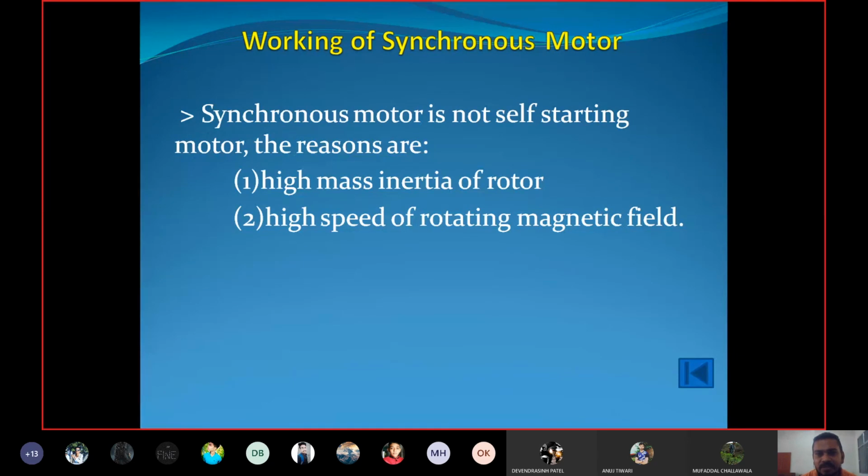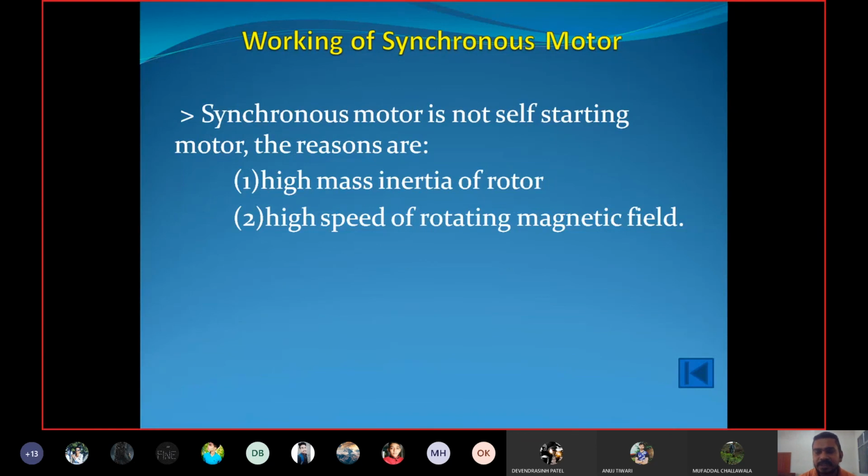And if we give some torque to the rotor in the direction of the rotating magnetic field, then magnetic locking occurs between stator poles and rotor poles, and then the rotor starts to rotate in the direction of the magnetic field at synchronous speed. Okay, so this is the working of the synchronous motor.